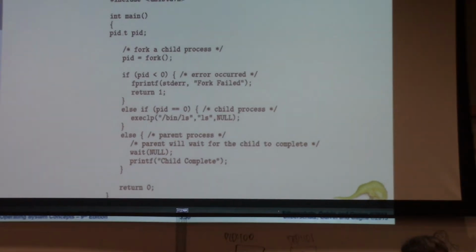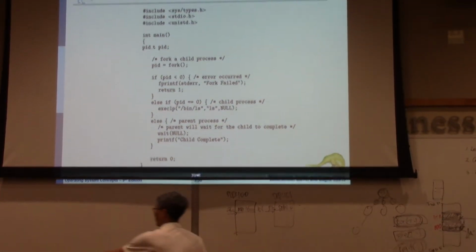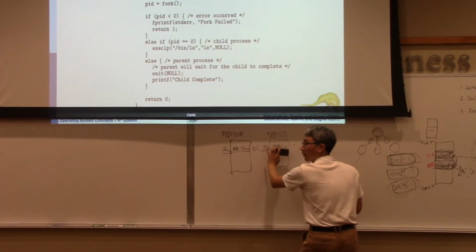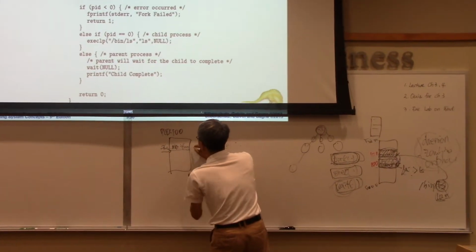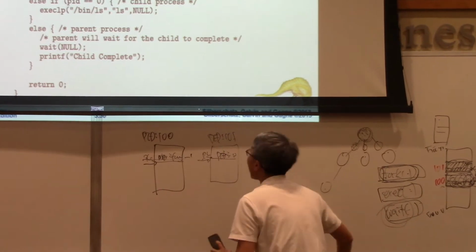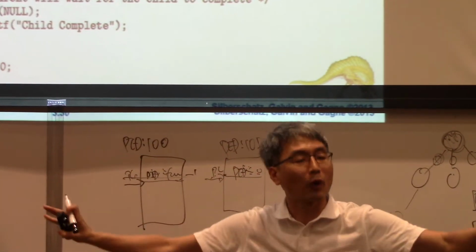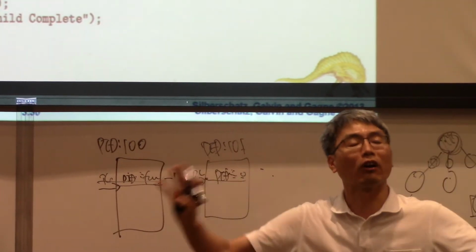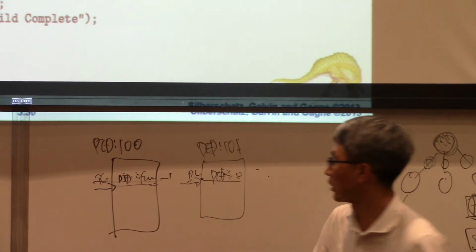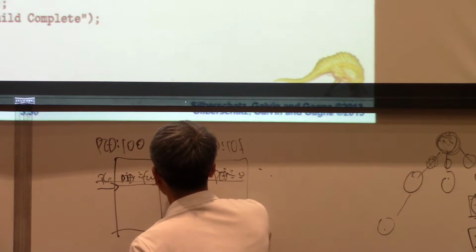Let me quickly go back and change this. If it failed, the child is not created, and PID will be -1. In case of -1, fork failed, it returns 1, the parent is done, and this program will be terminated. However, if successfully created, this will be 100.